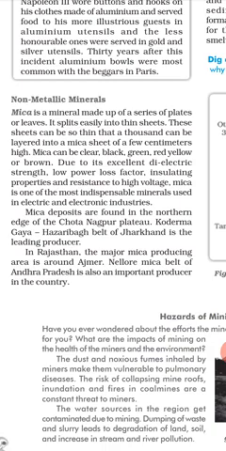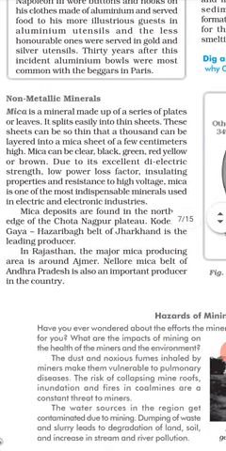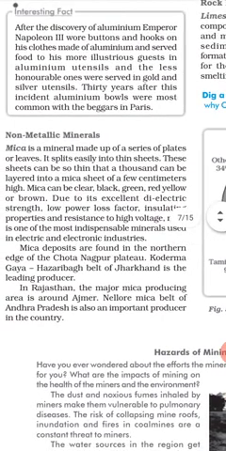Mica is one of the most indispensable minerals used in electric and electronic industries. Mica deposits are found in the northern edge of Chota Nagpur Plateau, and the Koderma-Gaya-Hazaribagh belt of Jharkhand is the leading producer.